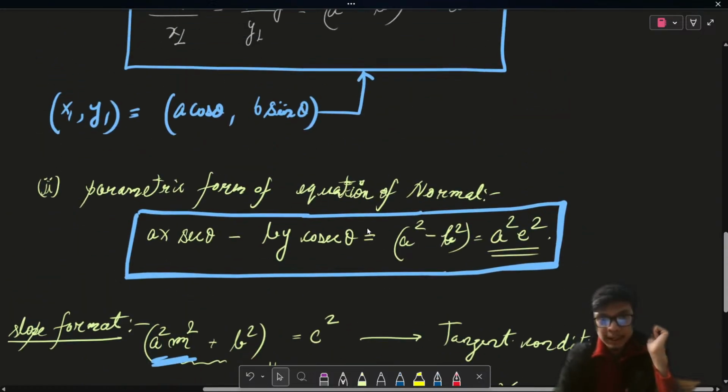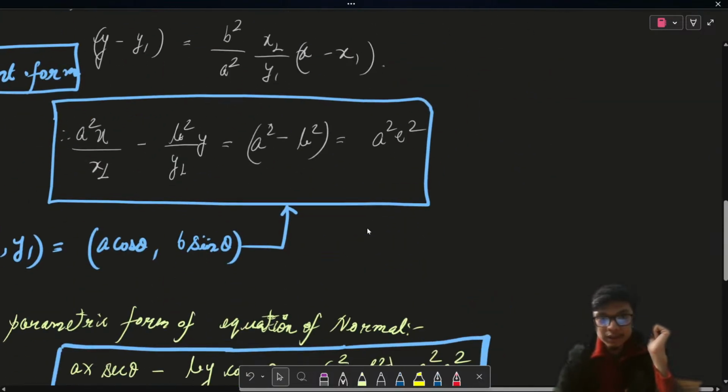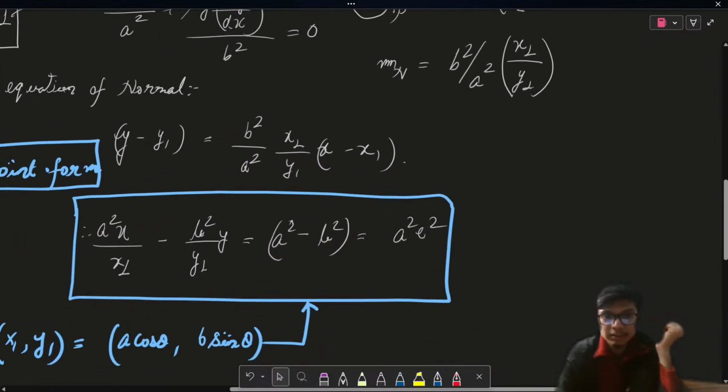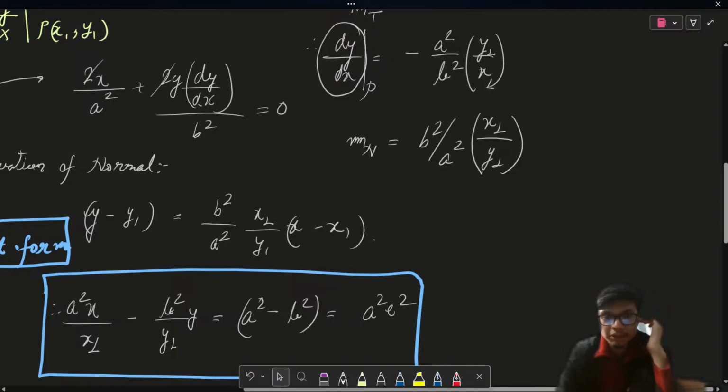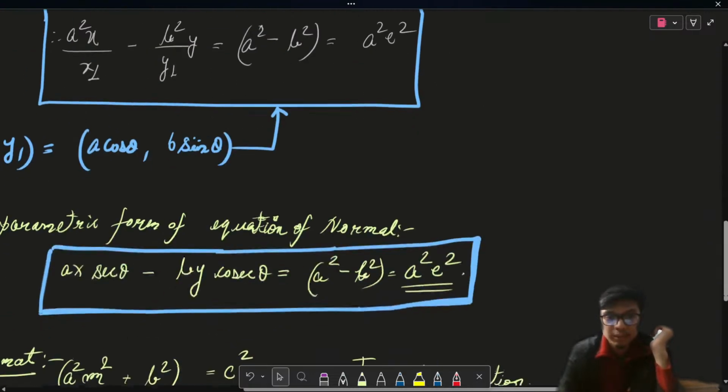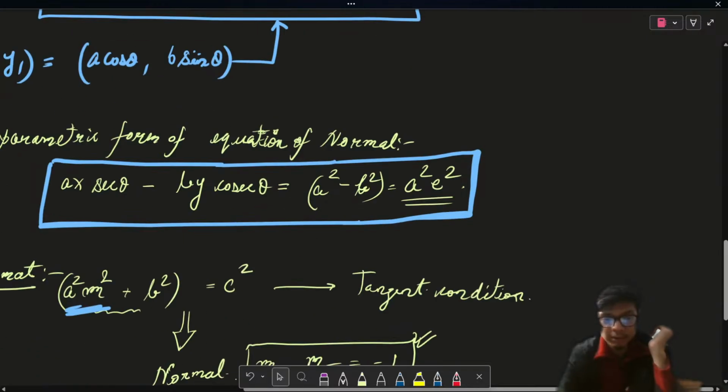Now if you look back at this problem, the equation of the normal was obtained to be, if you look over here, a square by b square, or from here also we can find the equation of the normal, that was basically a secant theta divided by b cosecant theta, right?